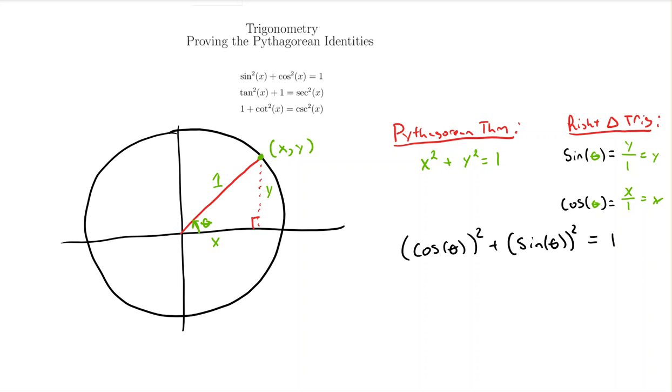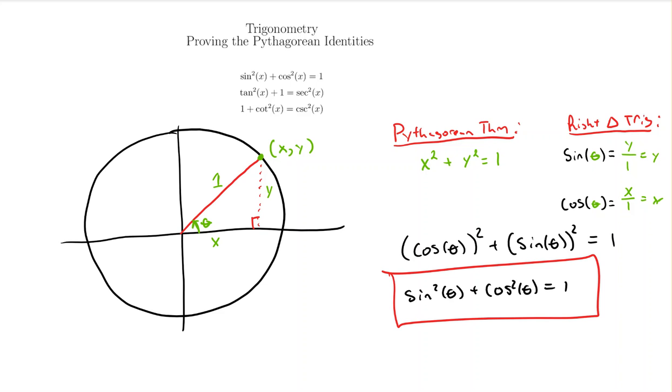And since addition is commutative and the way we denote our squares is by moving our powers inside by the letters, this is the same thing as sine squared of theta plus cosine squared theta is equal to 1. This is the very first Pythagorean identity. Sine squared of theta plus cosine squared theta is equal to 1.